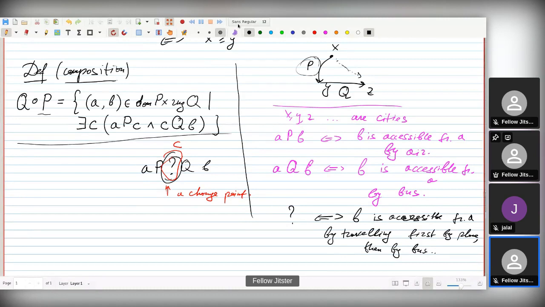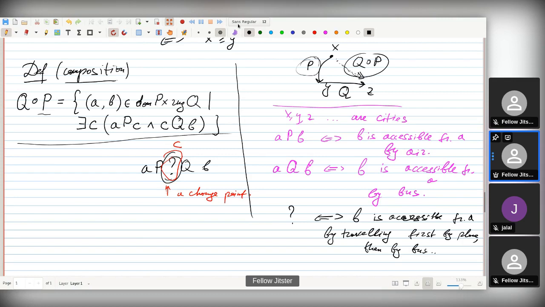Yes. So what is the main idea? The main idea is that you can replace a path of two arrows, a two-arrow path, with one arrow, but this arrow belongs to the composition. So when taking composition, we somehow generate a new relation.